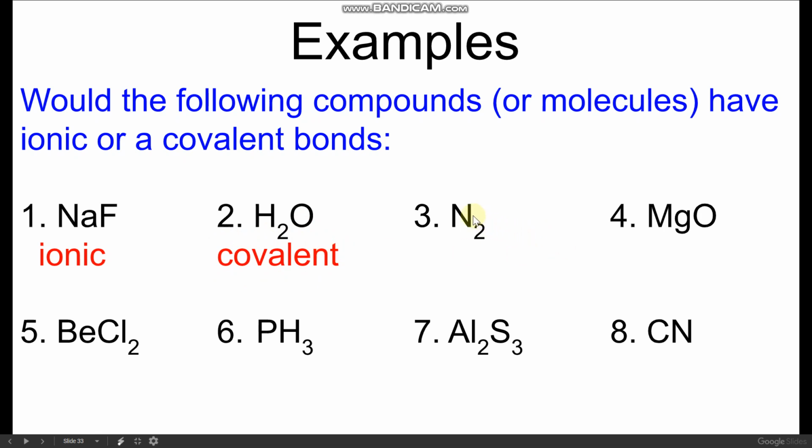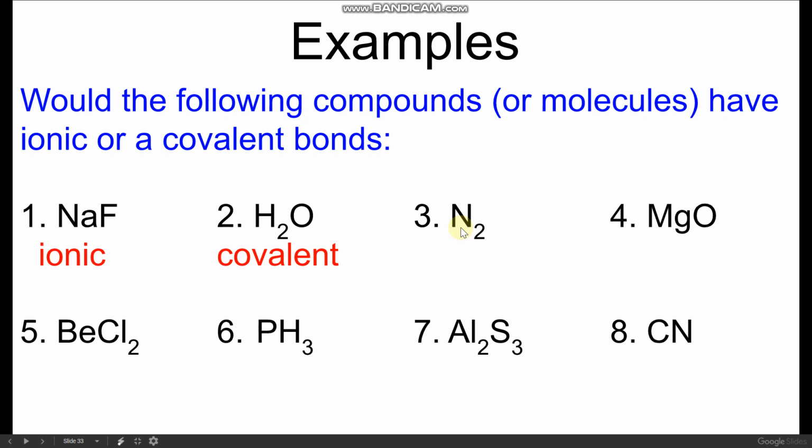Okay, so next up, let's do N2. Now, first thing I want you to notice about this is that this is not a compound. Remember, a compound is when you have at least two different elements in the same molecule, right? So here, hydrogen and oxygen are different elements. Sodium and fluorine are different elements.